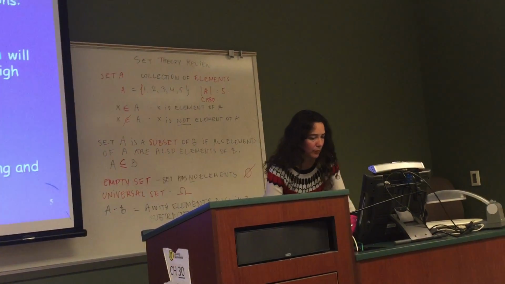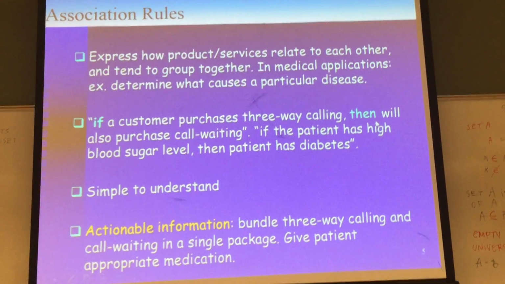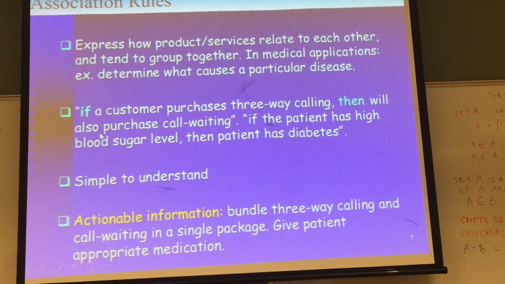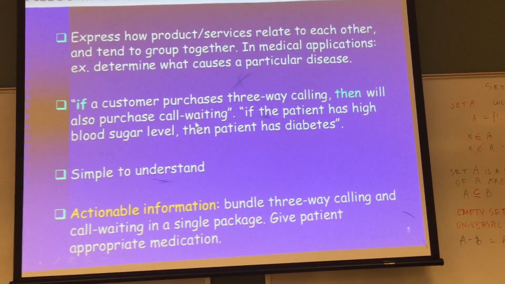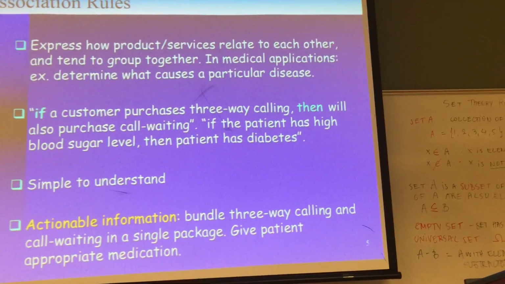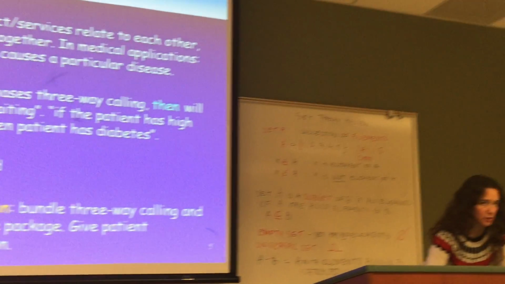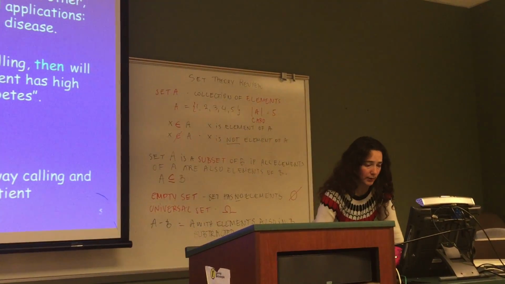For example, a promotion could be: if a customer purchases 3-way calling, then we will offer them call waiting as well, because these are often purchased together, so customers will be likely to accept this offer based on what the other customers are doing.